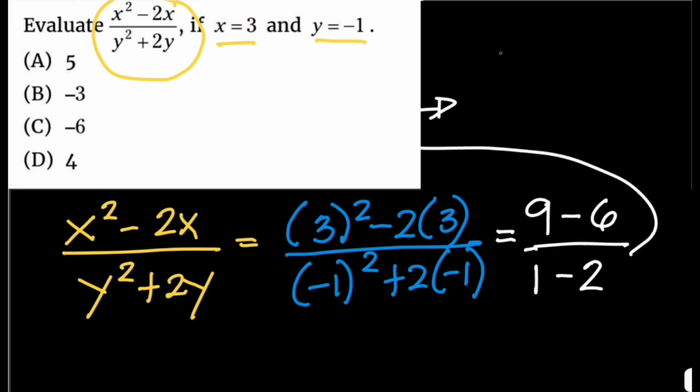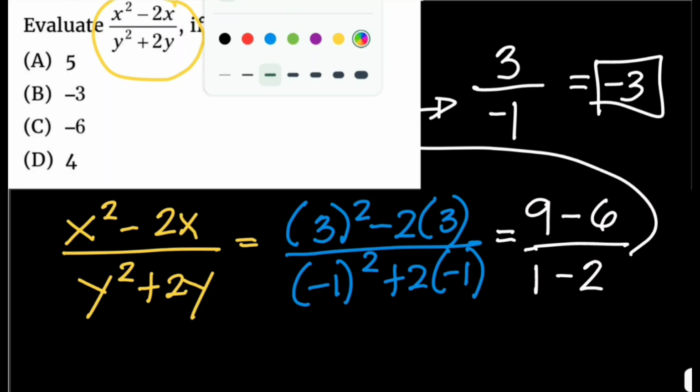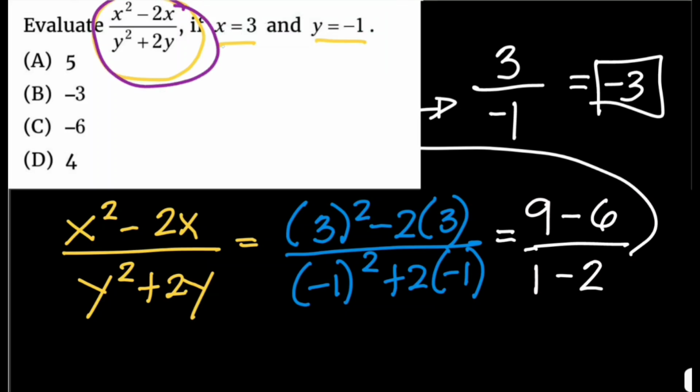Then 9 minus 6 is 3, 1 minus 2 is -1, and that is just 3 over -1, which is -3. Therefore, this expression, given the values of x and y, which are 3 and -1, would result in -3. So the answer here is letter B.